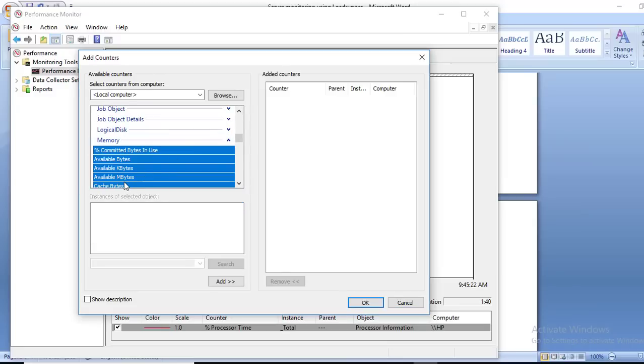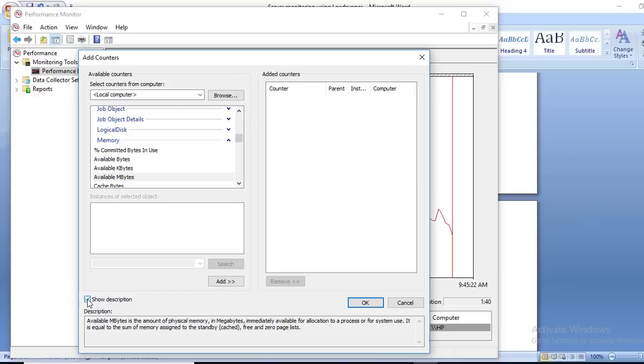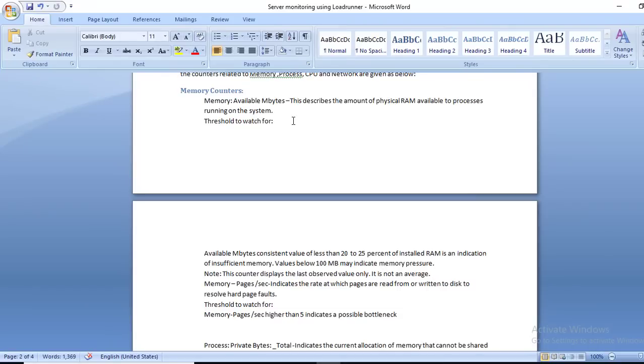Let us see its counters. See Available Bytes, Available MBytes. What is Available MBytes? You can see the description also to have an understanding of it. Available MBytes is the amount of physical memory in MB available for allocation to a process or for system use. We saw it there also. This was the information: amount of physical RAM available to processes running on the system, and it should not be less than 20 to 25%.